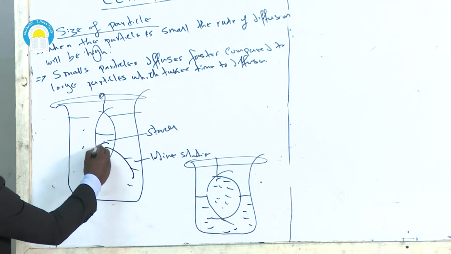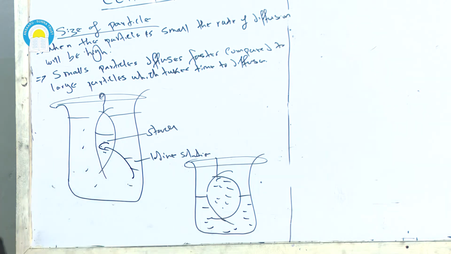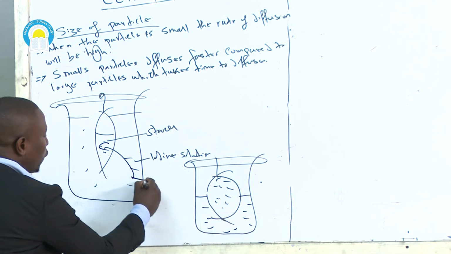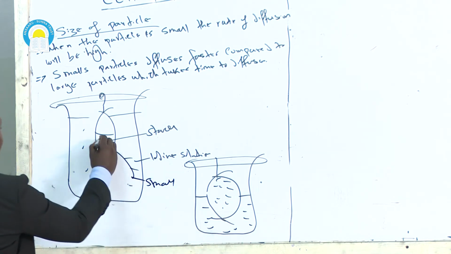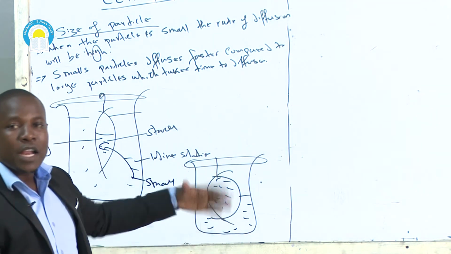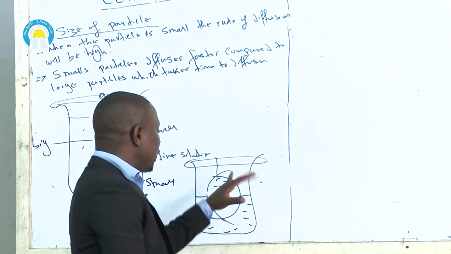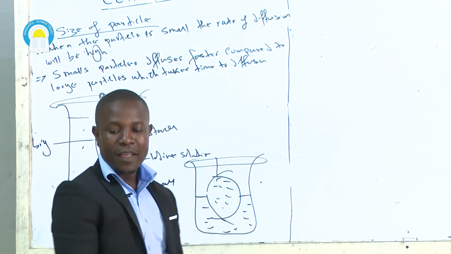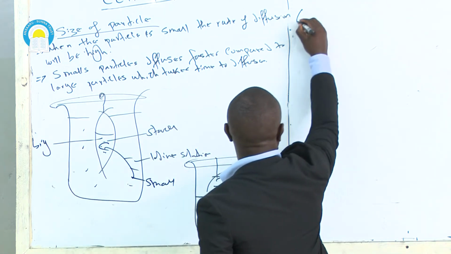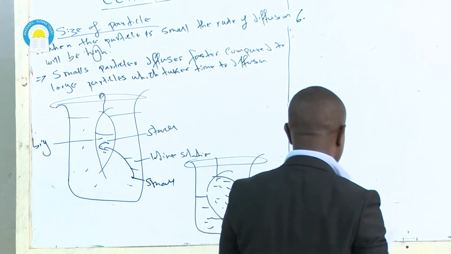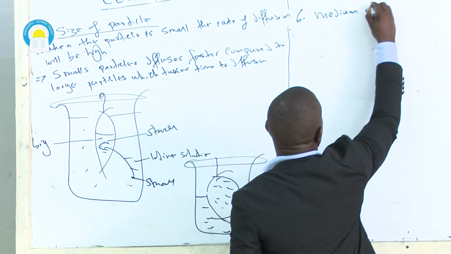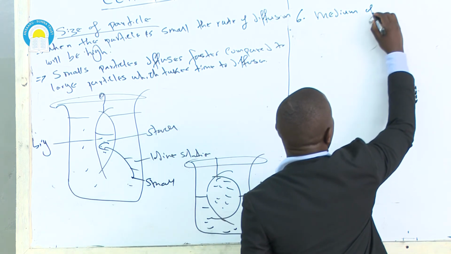But the iodine solution particles were small, and the starch particles were big. That's why you see the starch particles were unable to move from the whisking tubing into the surrounding what? Beaker. That's the difference. Then lastly, number six, we talk about the medium of exchange.